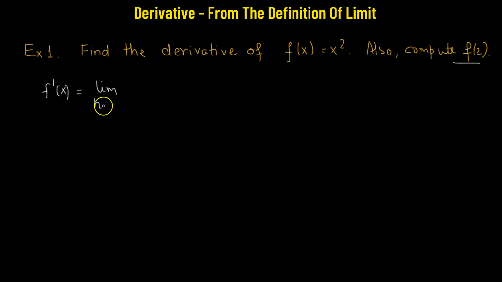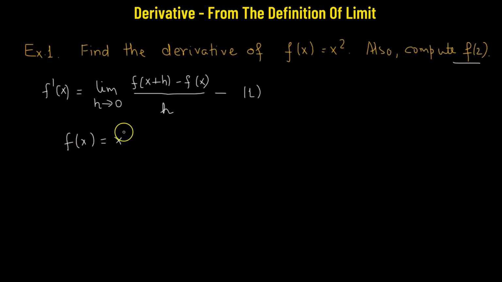So this is limit h approaching the value 0, and the function is f of x plus h minus f of x whole divided by h. So let's call this number 1.